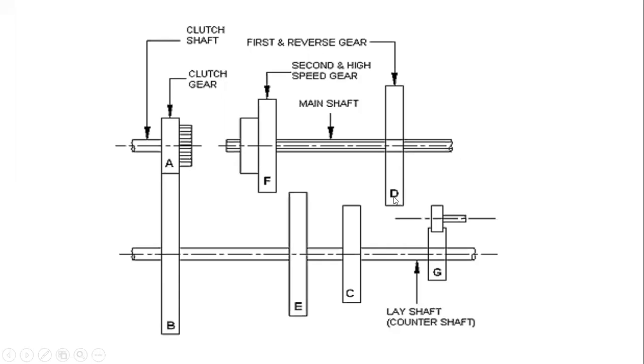When it is in contact with gear D, which is slightly larger than gear C, it may rotate with lesser RPM than gear C because it is larger. So let us say that gear D will rotate at 200 RPM.